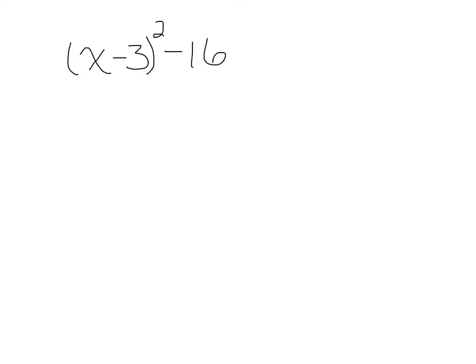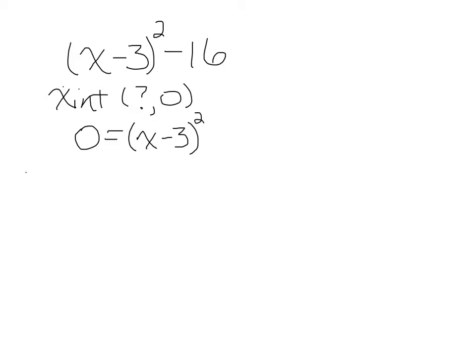All right, the next thing that we want to find is our x-intercept. To calculate the x-intercept, the y value is always 0, and this is equal to y. So 0 equals (x minus 3) squared minus 16.